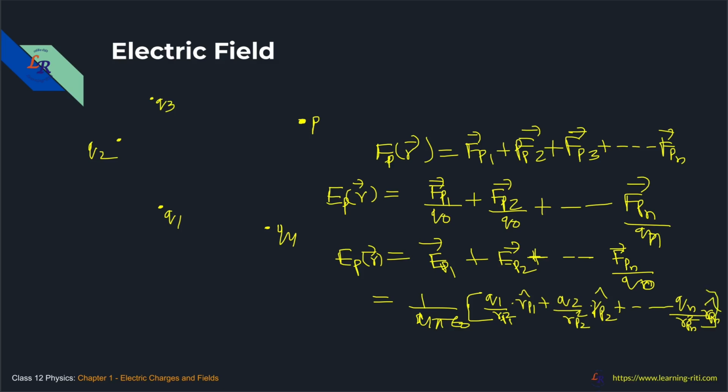Okay, this is how you can have an n charge system, and then you can find out the summation.